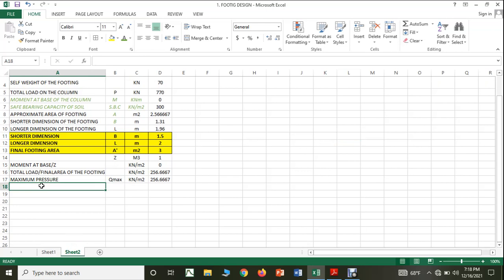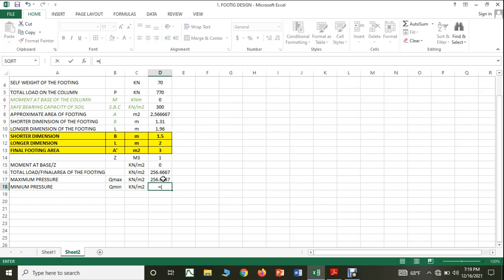Then similarly you can find out the minimum pressure, that is your Q minimum, which will be in the same unit. That will be this minus this.